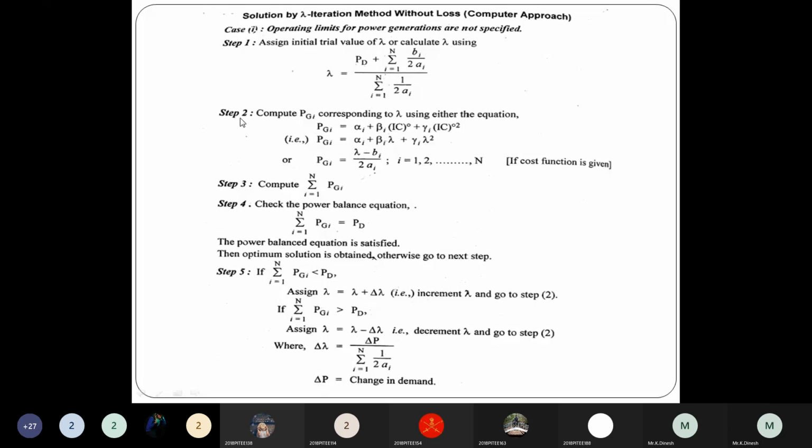In step number 2, I have to compute my generating power corresponding to the cost analysis. This generating power belongs to the 3 factors: alpha of i, beta of i, and gamma of i, where C is replaced by lambda.